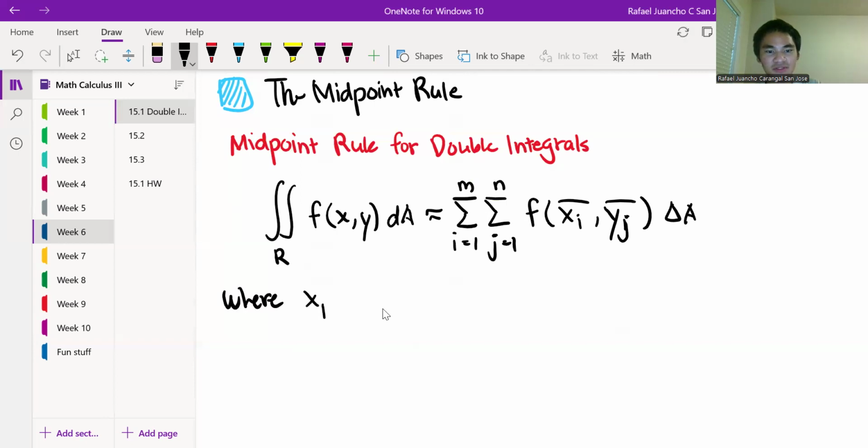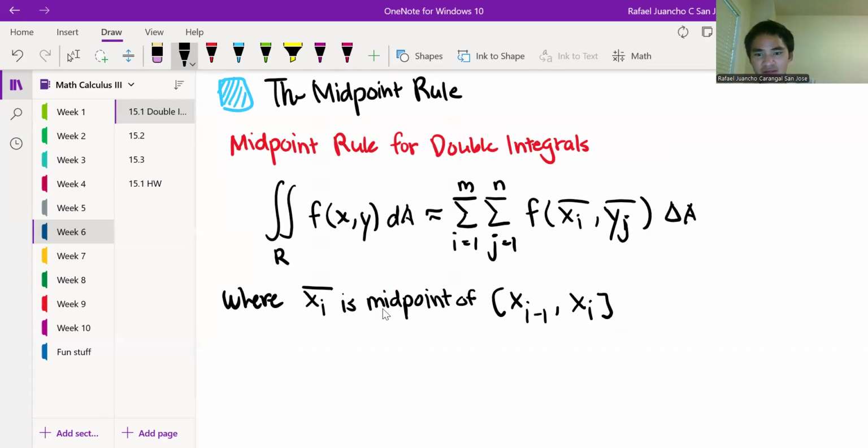And we're saying that, so what are these terms? This x sub i with the horizontal line is the midpoint of this interval, starting from x sub i minus 1 all the way to x sub i. So it's the midpoint of that interval.